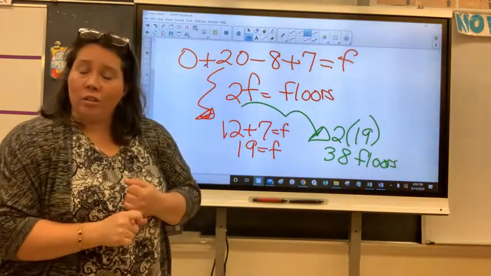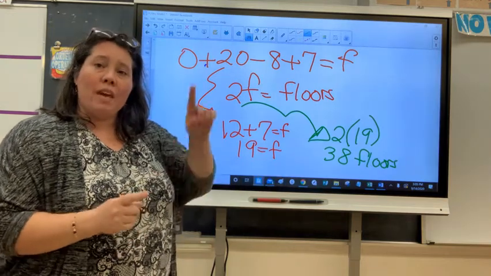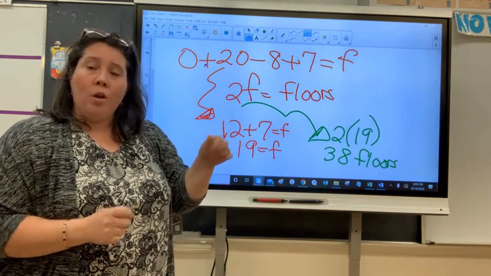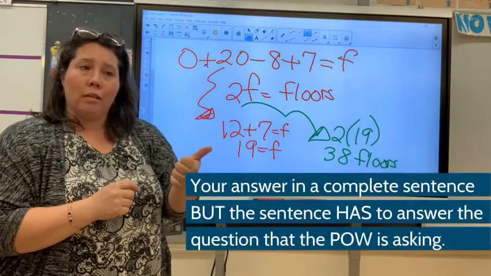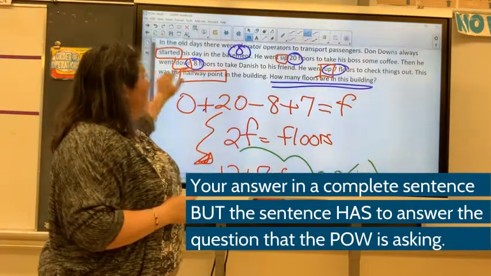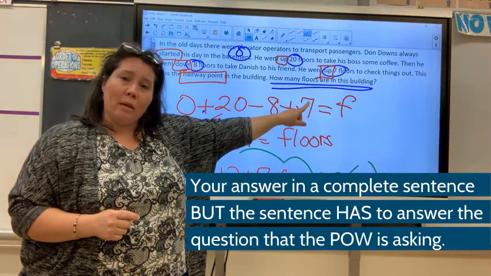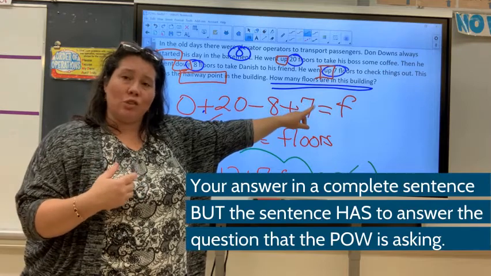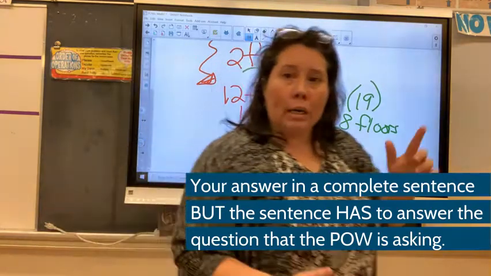So I have my solution, but it's not in the format that I need. If you think back to what we're looking for, your answer has to be in a complete sentence that answers what the question is. And the question was, how many floors are in the building? So my answer has to be in the form of a statement that answers this question. So we're going to type on the computer.